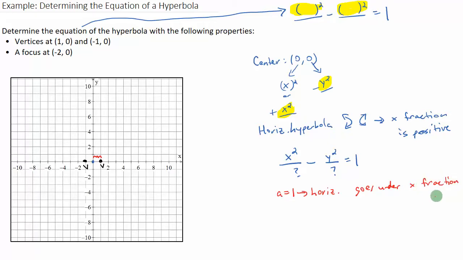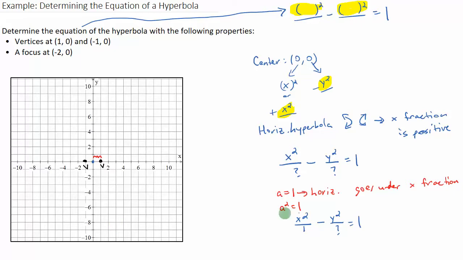Now, the tricky part about this, what everybody forgets, is that you have to square it before you put it into the equation. Everything in this equation is squared. So a squared is also 1, because 1 squared is 1. So now I have x squared over 1 minus y squared over some unknown equals 1. All of that just from my vertices.